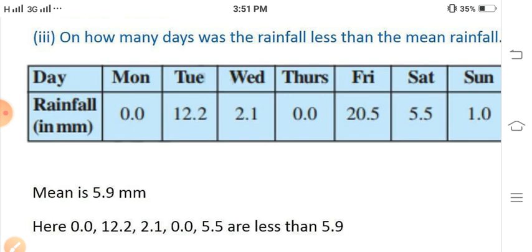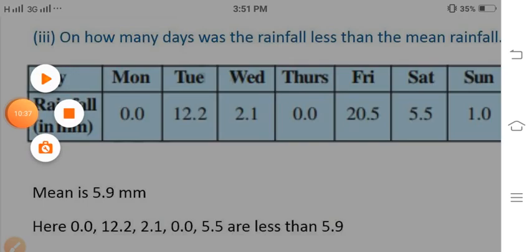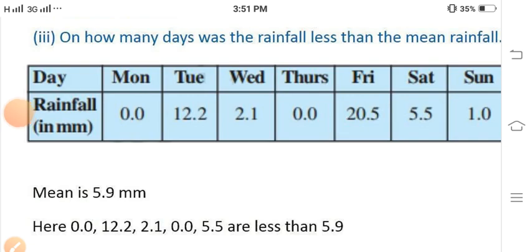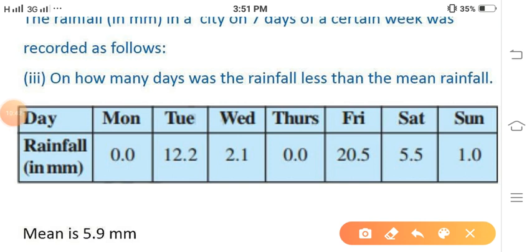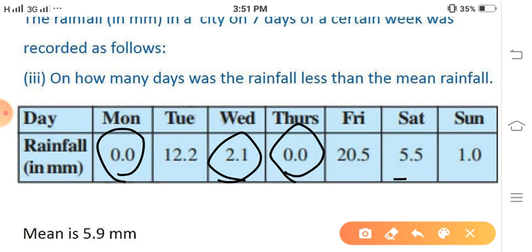How many days was the rainfall less than the mean rainfall? Students, the mean was 5.9 millimeters. Now you have to check which numbers are smaller than 5.9. The numbers smaller than 5.9 are 0.0, 0.0, 2.1, 0.0, 5.5, 1.0.